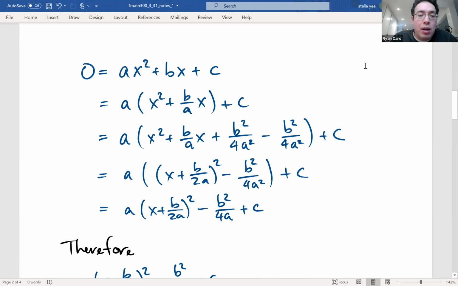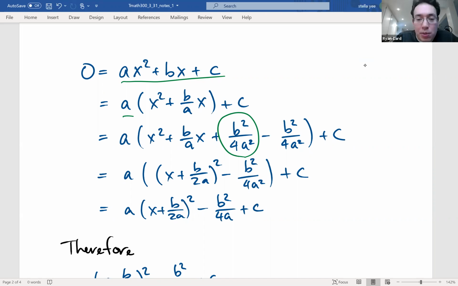From this equation, we could factor out a from the first two terms. So we have a times x squared plus b over a times x. And inside the parentheses, what we could do is what's called completing the square, right? So we add and subtract b squared over 4a squared.